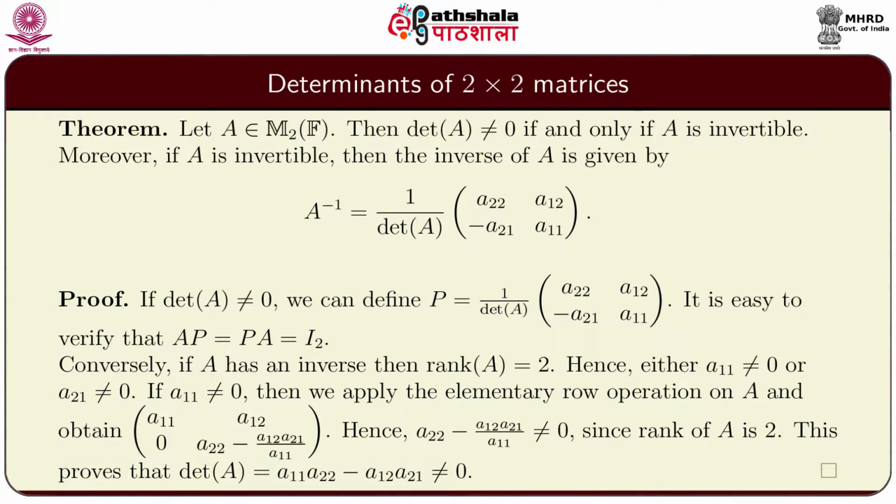Therefore, we cannot have one 0 row for a 2 cross 2 matrix. This therefore proves that the determinant of A, which is defined to be A11 A22 minus A12 A21, is a non-zero element in the base field F. This proves the theorem.